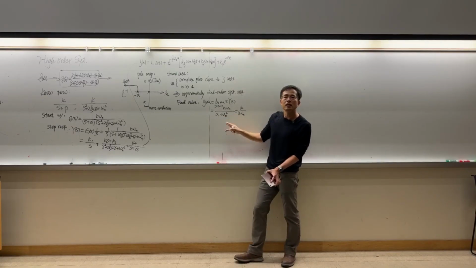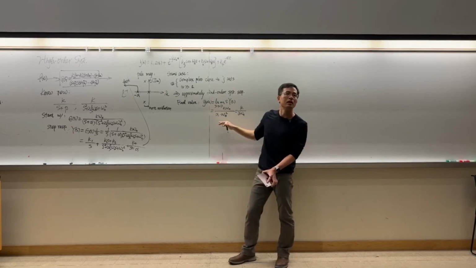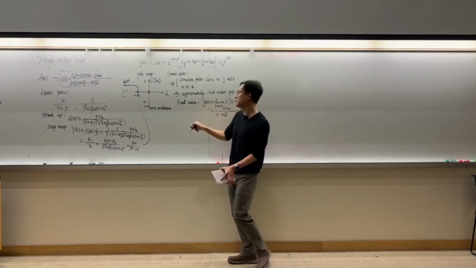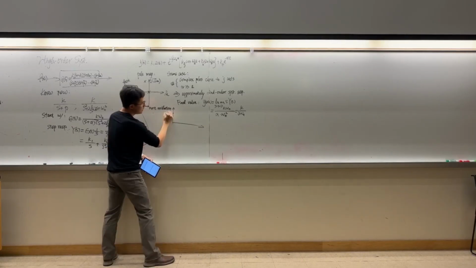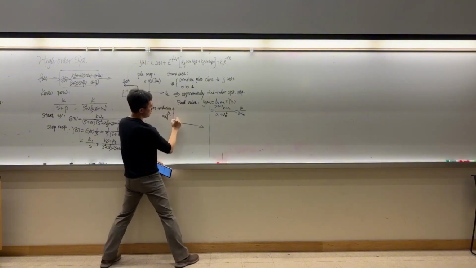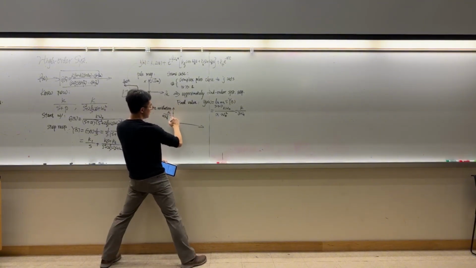So if you want to plot the system response roughly, you should target something like this. The final value is k over alpha omega n, and then there will be oscillation. It's similar to a second order system.